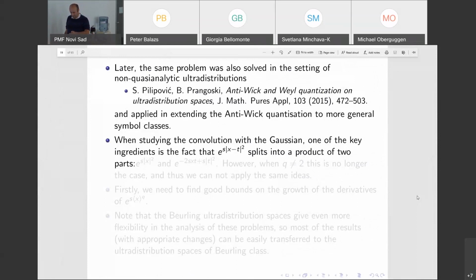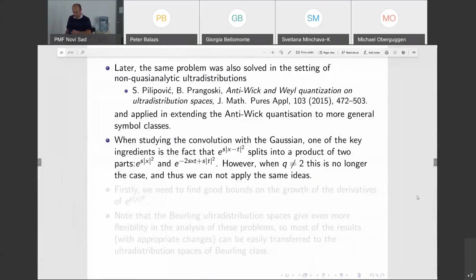These two can be easily controlled, which is really good. However, when Q is not 2, then we don't have that kind of good behavior, and we cannot apply the same ideas.